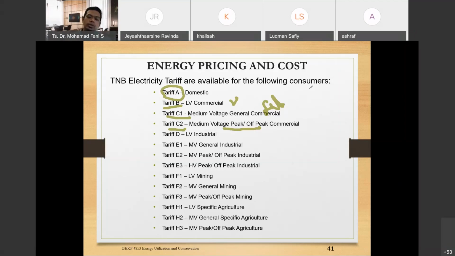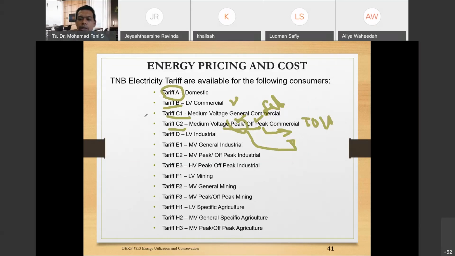And the C2 is different, they call it TOU, time of use, because the peak price and the off peak price are different. Okay, so remember the definition for the off peak, the start time for the off peak from the utility is from 10 p.m. to 8 a.m. That's one price for the off peak, and the other price for the peak is different, and maybe the peak price is higher compared to the off peak price.